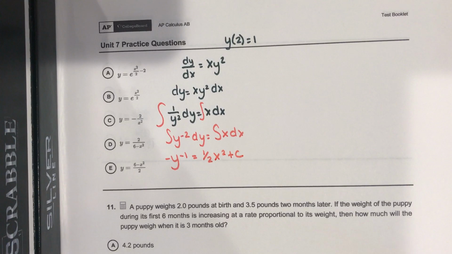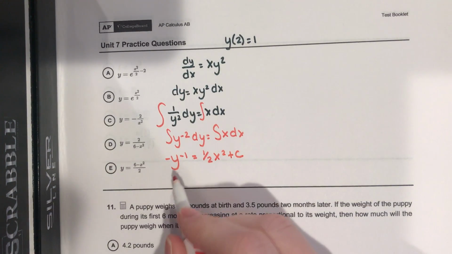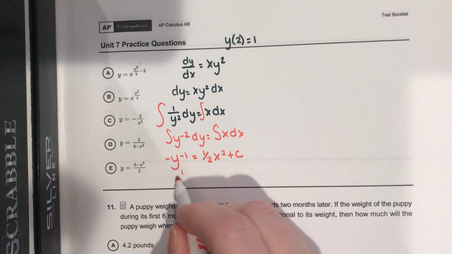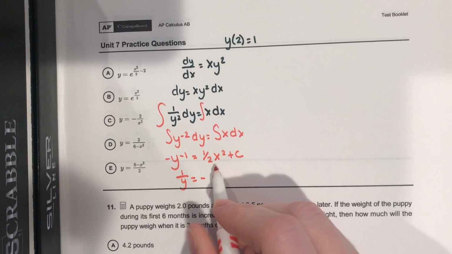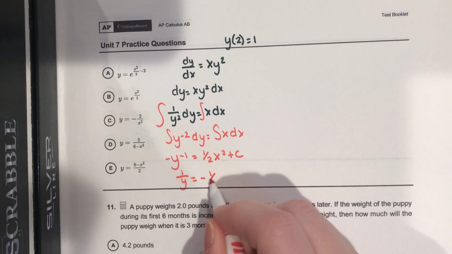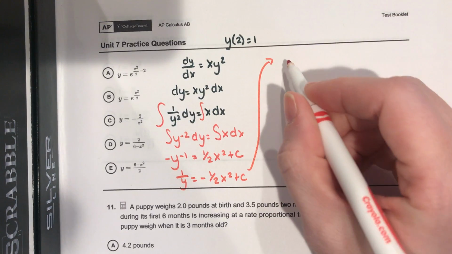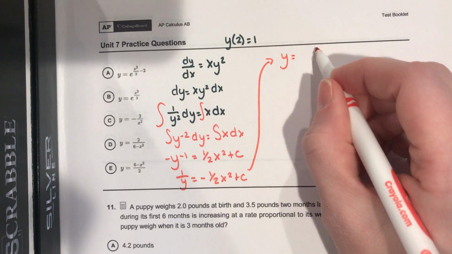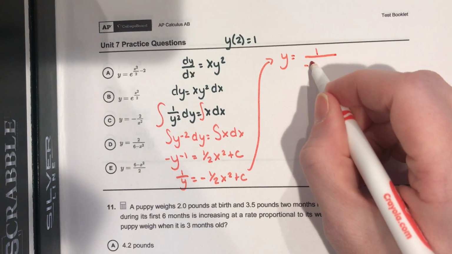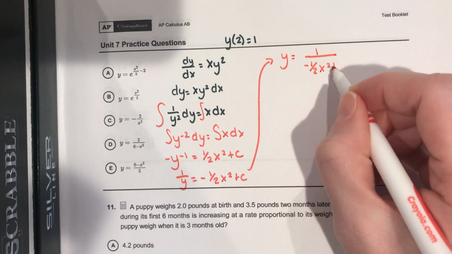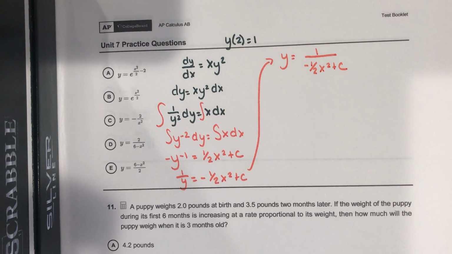Again, very similar to the other ones. So I'm going to rewrite this and move that negative over. So 1 over y equals negative 1/2 x squared plus c. And I'm going to move the y to the top, so 1 over negative 1/2 x squared plus c. So now I've got a point we're going to plug in.